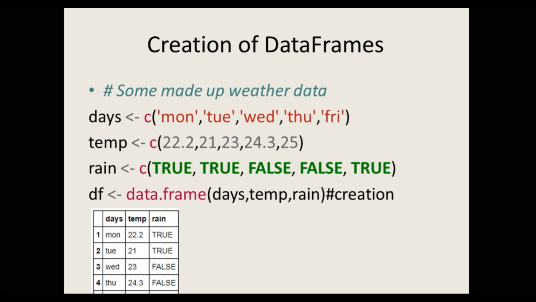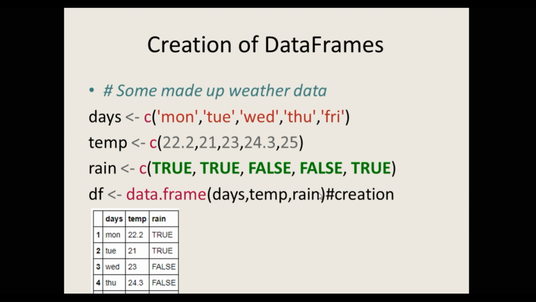A data frame can be created by using the inbuilt function data.frame. In this we put all the vectors with comma separators, like here days, temp, and rain. So df is a data frame, a variable created by using the three vectors days, temp, and rain.